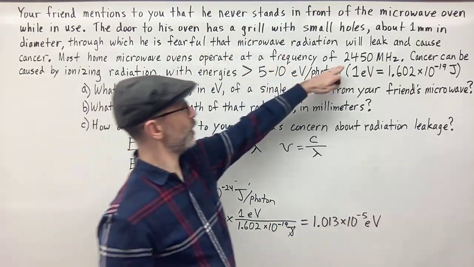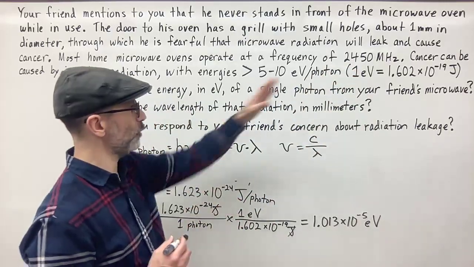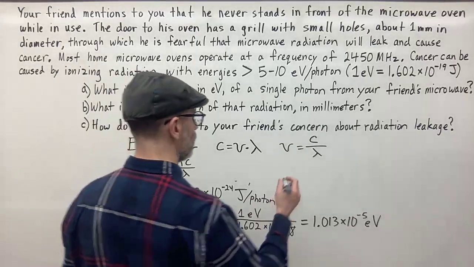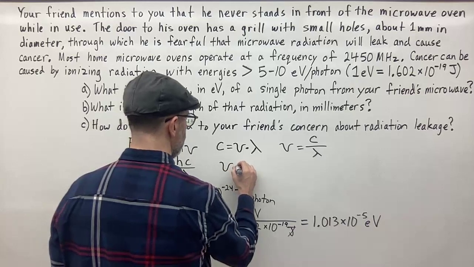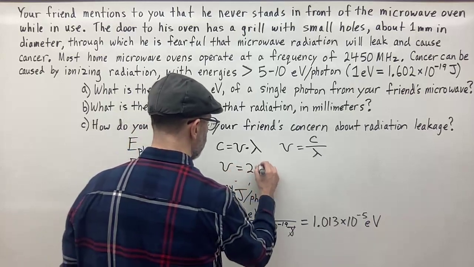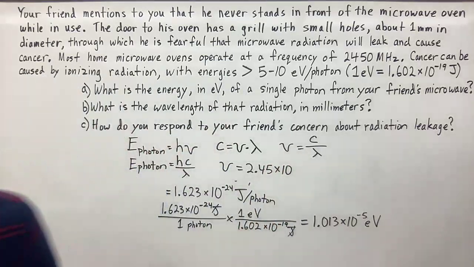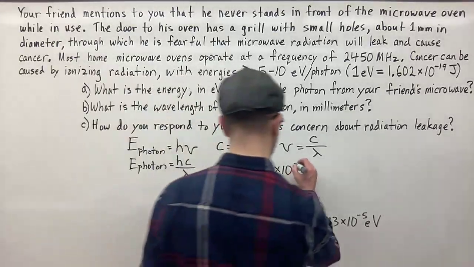So if you just go back to the original number here, we calculated the frequency. So what was that? That was 2.45, right? So the frequency we found before was equal to 2.45 times 10 to the 9th.